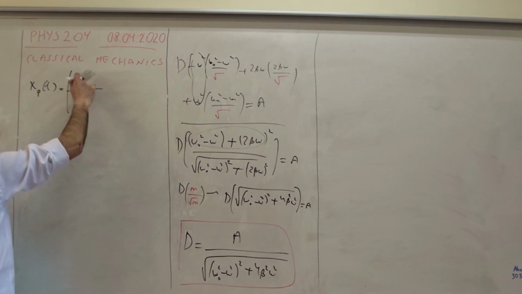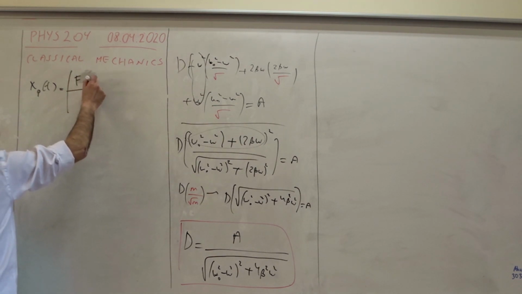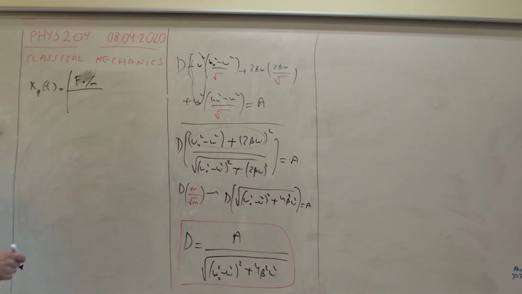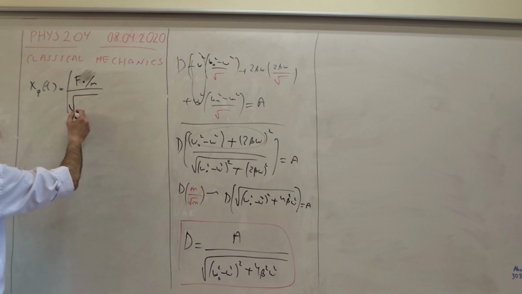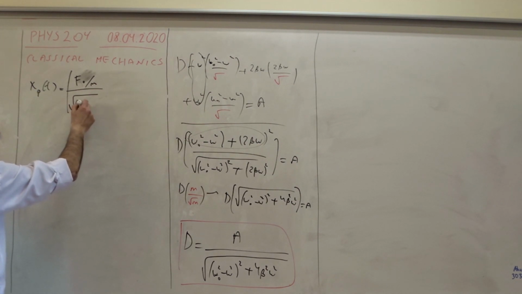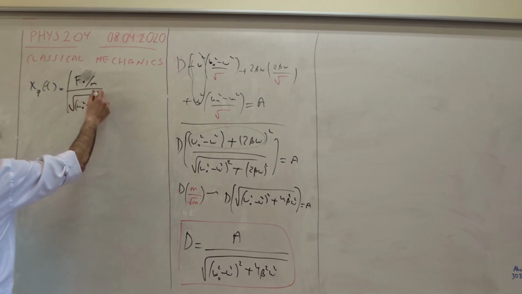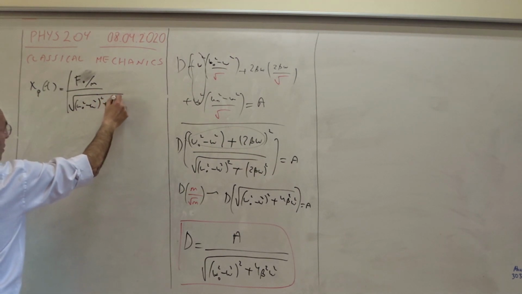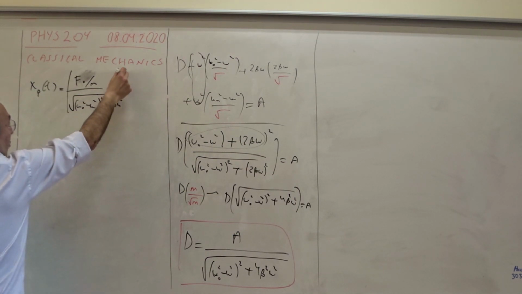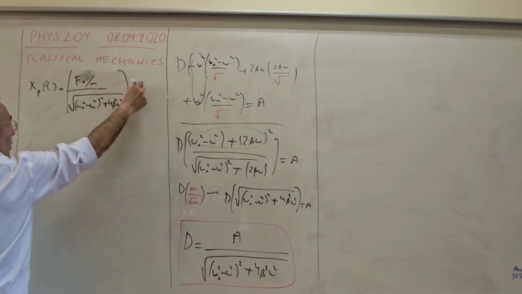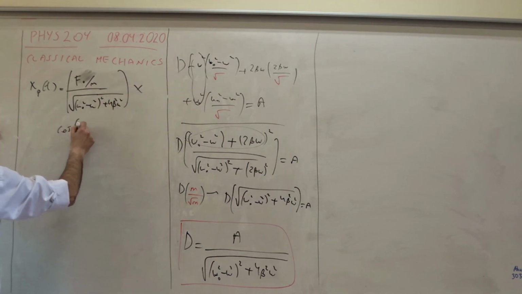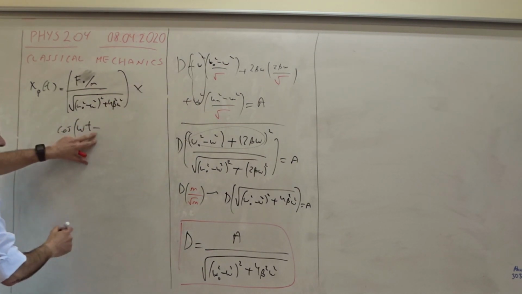A is f0 over m, let me take it back. f0 over m was capital A, divided by this whole root, multiplied by cosine omega t minus delta.